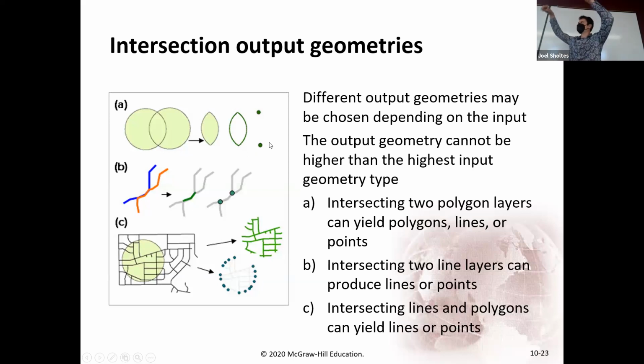Because a point is the only place over the polygon where they match. You can intersect lines or points on a line. Two lines intersecting gives you just the intersection of the line. A point over a line just gives you the points. And then we can intersect polygons over polygons, lines over polygons, and points over polygons.